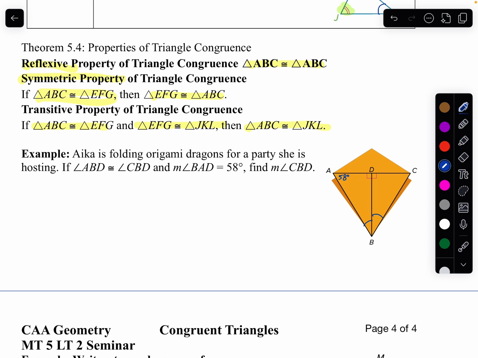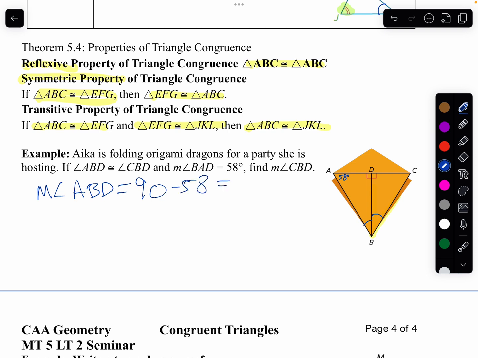So I want to find angle CBD, which I know is the same as angle ABD. And since I got a right triangle here, to find the measure of angle ABD, I'm going to take 90 minus 58.